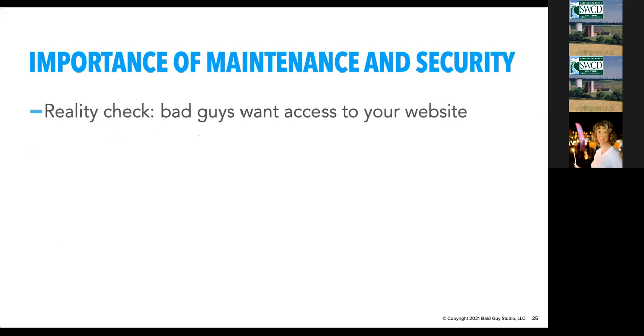Here's a reality check. The bad guys do want to get access to your website. That's just the reality of what we're living with today. Wix, Squarespace, WordPress, all of them are ultimately hackable.